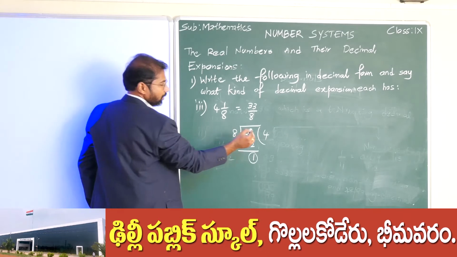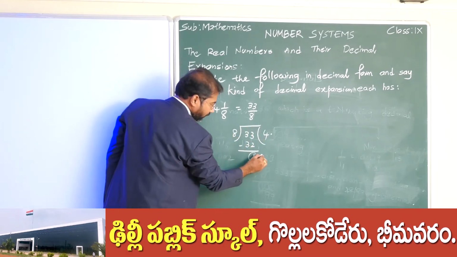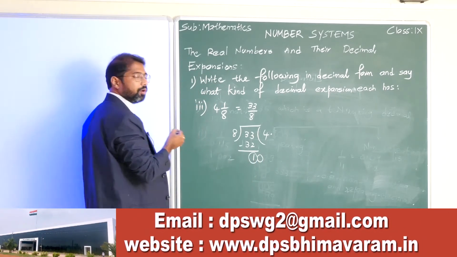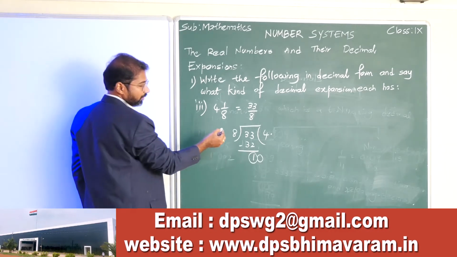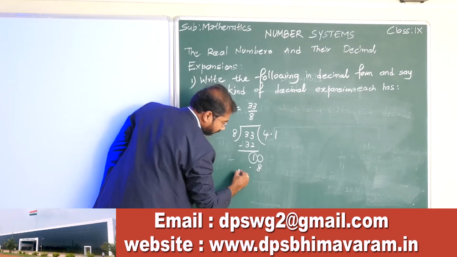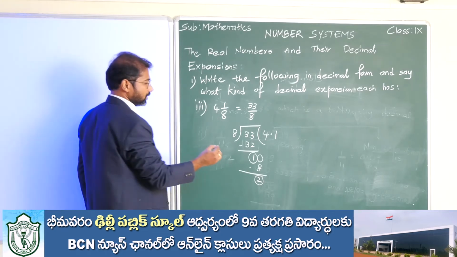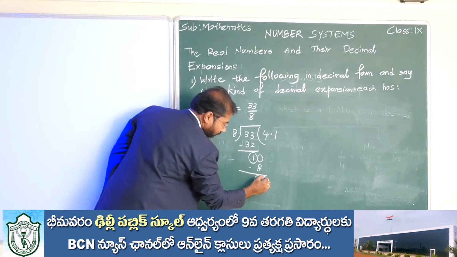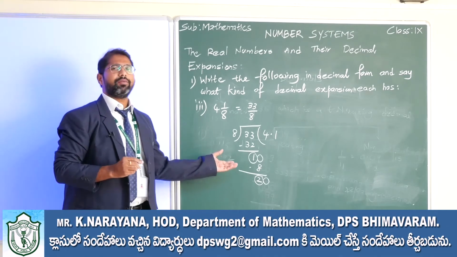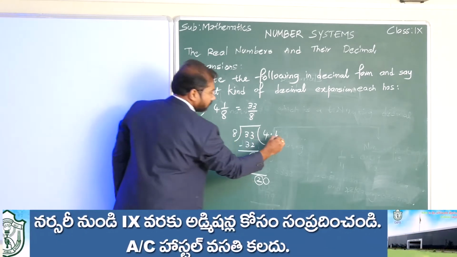Yes. Now I have to add decimal point in the quotient, add 0 in the new dividend. Now this becomes 10. So 10 will not go exactly in 8 table. So I will take 8 ones are 8, and when you subtract, the remainder is 2 now. Next, I will add 0 to 2, then you will get the new dividend as 20. 20 will also not go exactly in 8 table, so I will take 8 twos are 16.